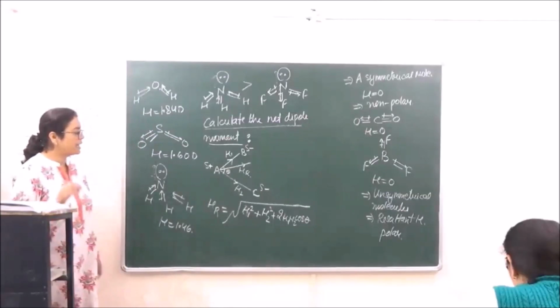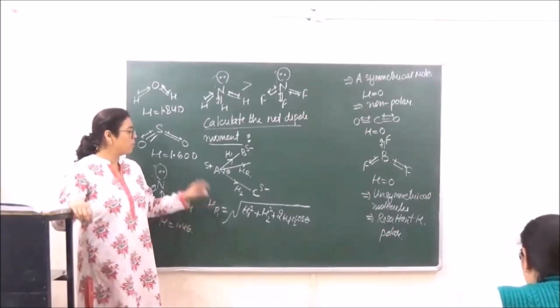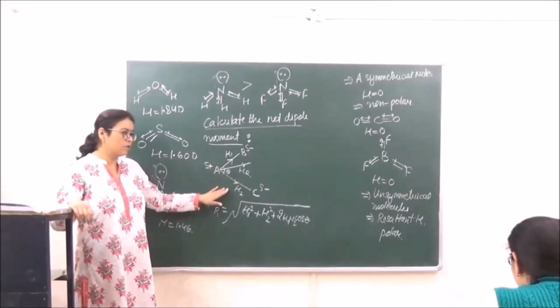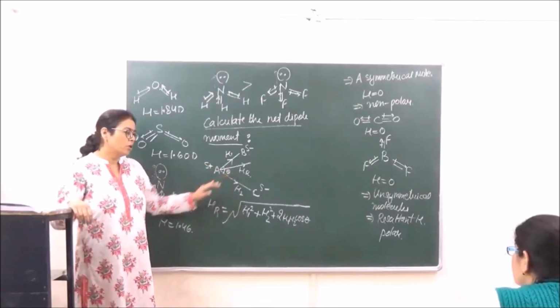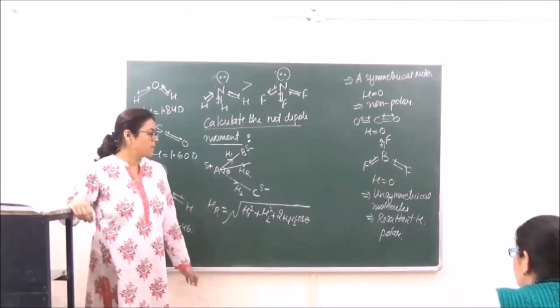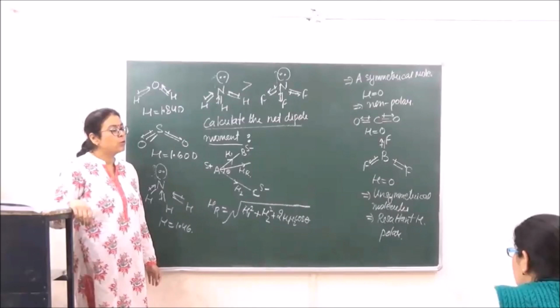So this is how you can calculate the resultant dipole moment if the dipole moments mu1 and mu2 are given to you and theta is also given to you.